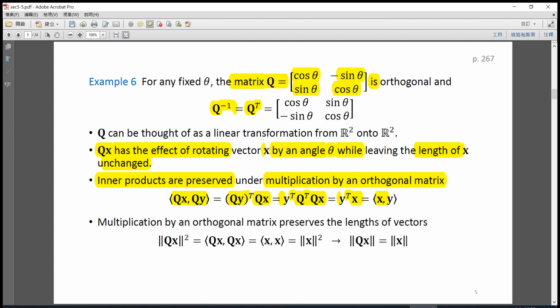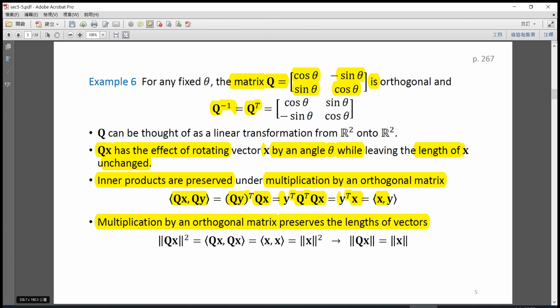And we will use this property to prove the next property. Multiplication by an orthogonal matrix preserves the length of vectors. That is, multiplication by an orthogonal matrix does not change the length of a vector.